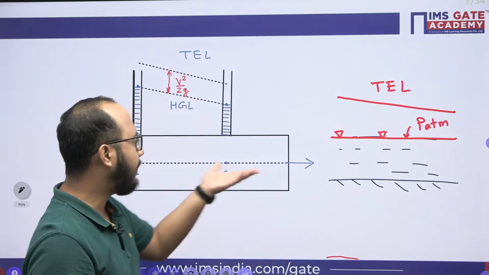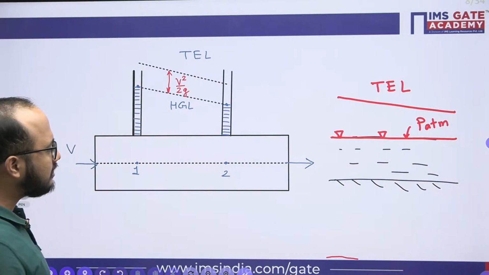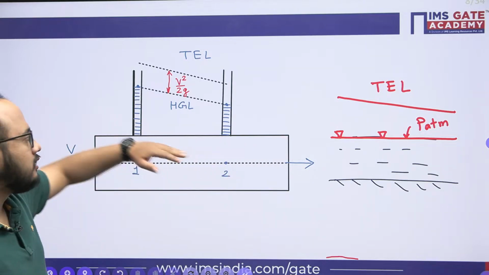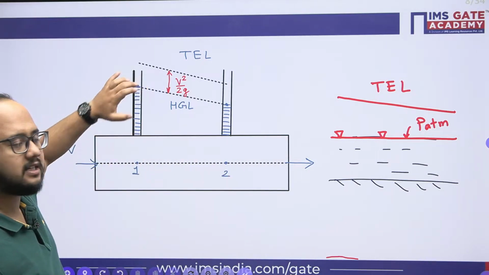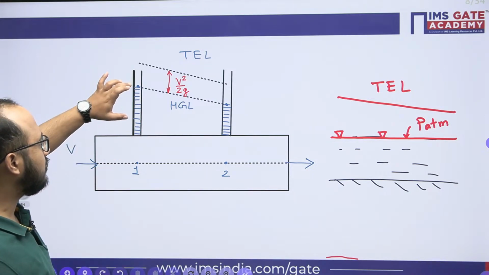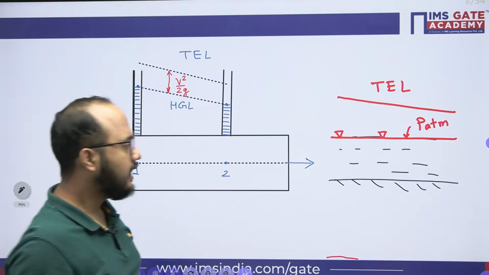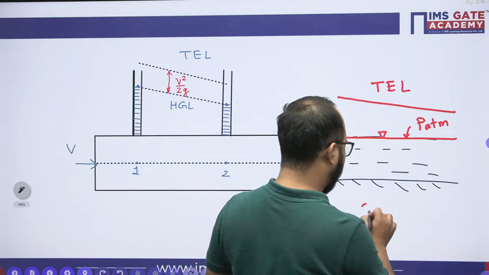But for the pipe, we know the pressure is somewhat more than atmospheric. It is a pressurized system in pipe flow. So that's why you will have the static pressure somewhere here. So the datum plus static pressure location will be here itself, right? But in open channel flows, you should remember the point.